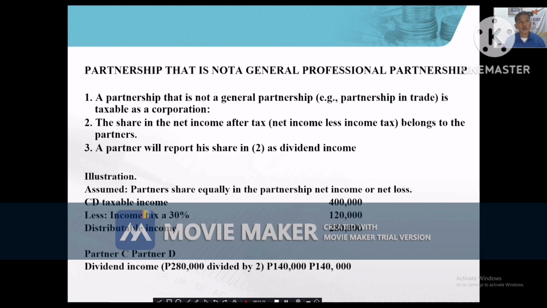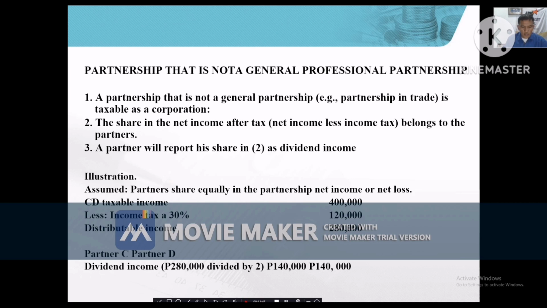Okay. Pangalawa, the share in the net income after tax, net income less income tax belongs to the partners. Okay. Ang bahagi sa netong kita, pagkatapos ng buwis, net income less income tax, ipag-aari ng mga kasosyo. Okay. Number 3, a partner will report his share as dividend income.